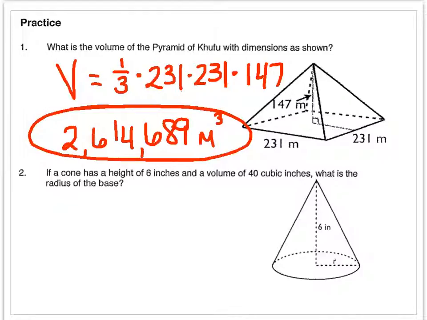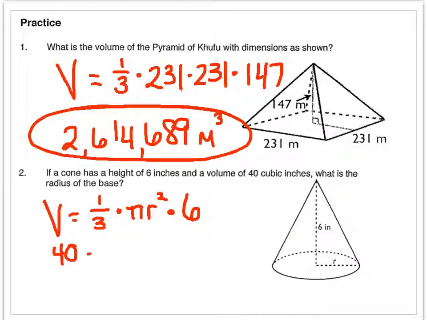Number 2, if a cone at the right has a height of 6 inches and it gives you your volume, what is the radius of the base? So, volume is 1/3 times the area of the base, which here would be pi r squared, times the height, which is 6. And we know the volume is 40.